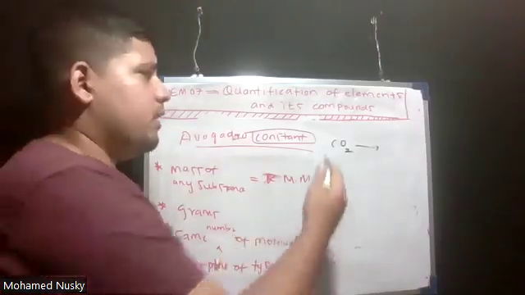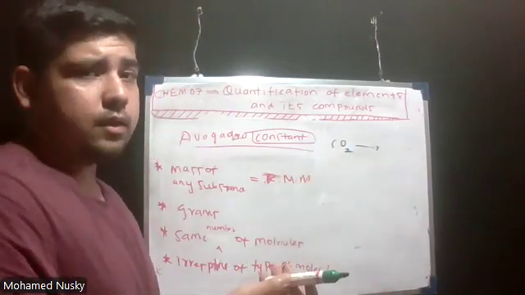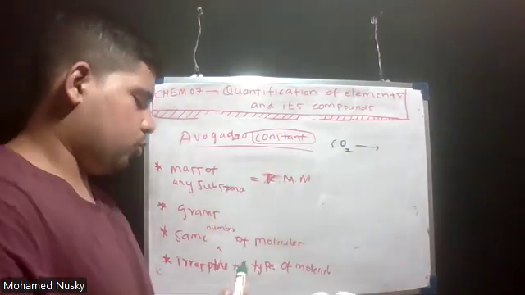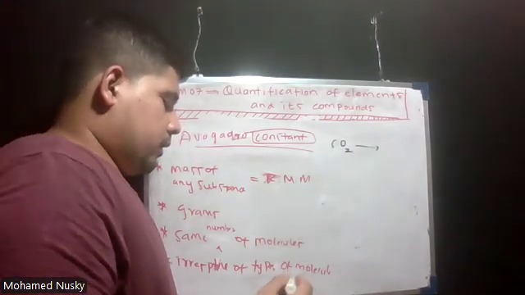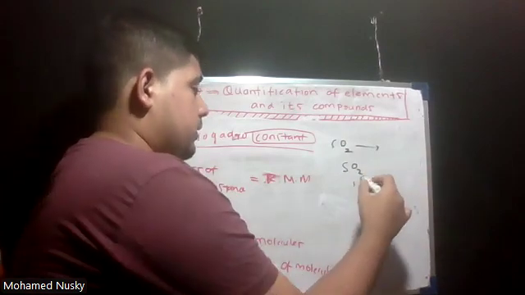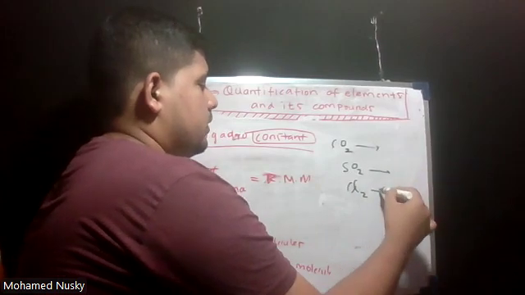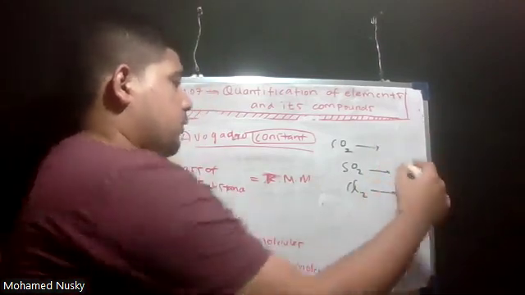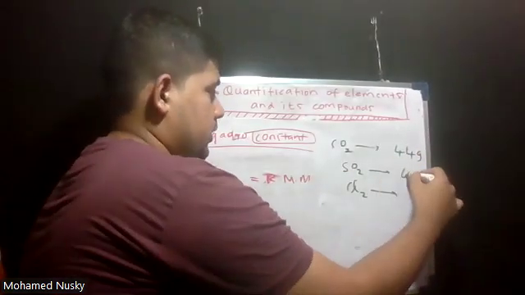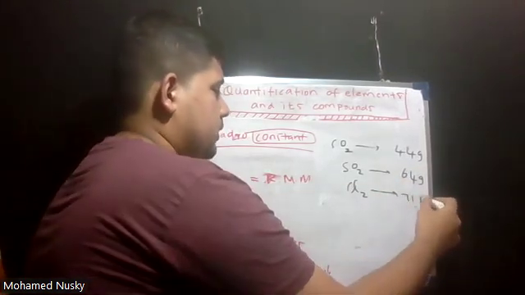The other way is they give the relative atomic mass of carbon and oxygen, and from that you can calculate the relative molecular mass of CO2. Then SO2, then Cl2. The relative molecular mass of CO2 is 44 grams. SO2 is 64 grams. Cl2 is 71 grams.